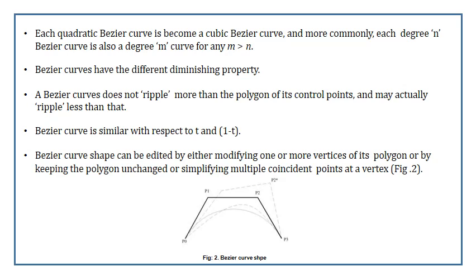And Bezier curves have the variation diminishing property. It means a curve can be represented by 4 control points, that is a cubic polynomial equation, and so we can get a sinusoidal waveform of a curve.